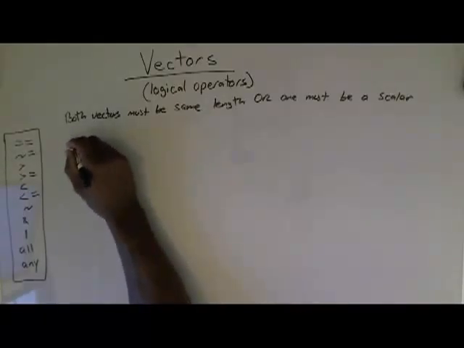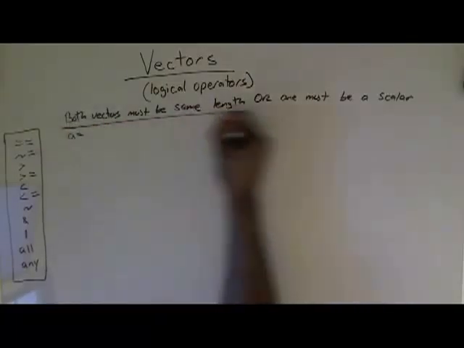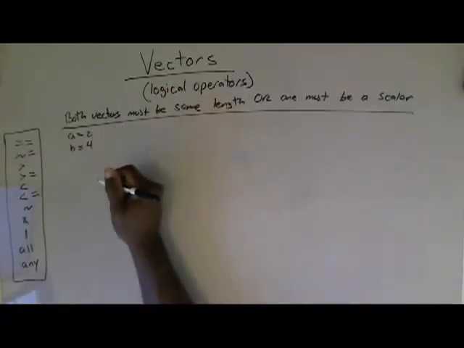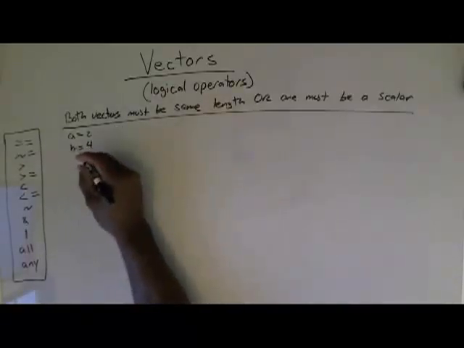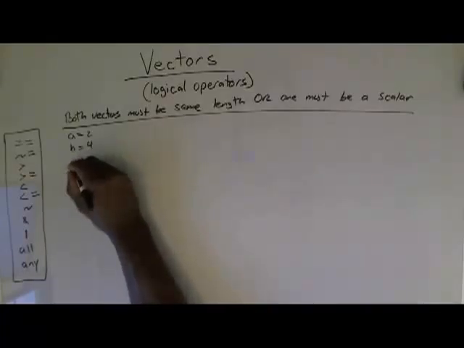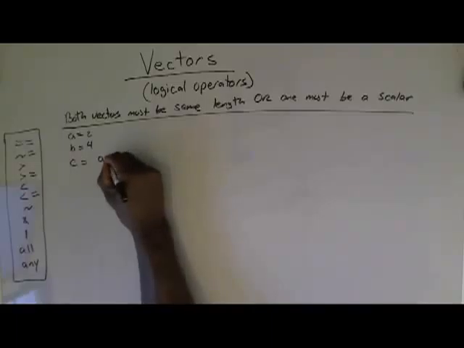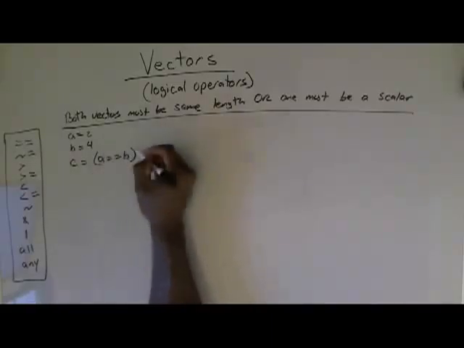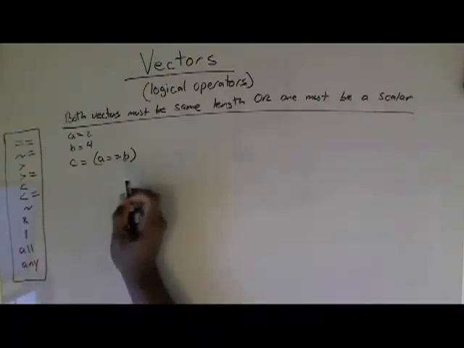So now let's see it in scalars. So let's say I have variable a equal to 2, b is equal to 4, then I can do things like these scalars. If I say c equal to, and I like to use parentheses around my statements because all these equal to's can get confusing, so this is the Boolean or logical statement.